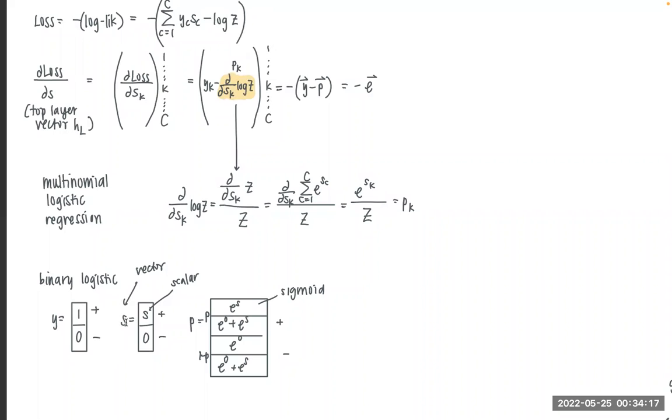And then we can also write the score. Because we only have two categories, we can simply set the score for the negative category to be 0. And then we continue to use S, with a little abuse of notation, to denote the score for the positive category. So here S is a scalar, and this S is actually a two-dimensional vector. I'm abusing the notation a little bit.